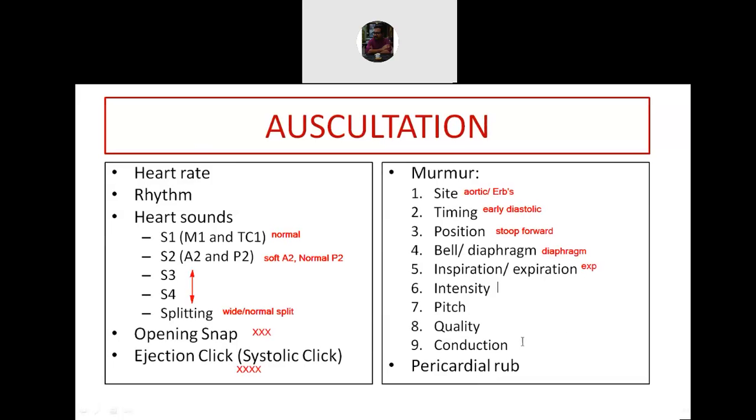But consider one thing. If the normal blood has already come, the normal blood will be filling up a large part of this chamber. So if a large part of this chamber is already filled up by normal blood from the left atrium, then where will the blood that is coming back from the aorta fill?